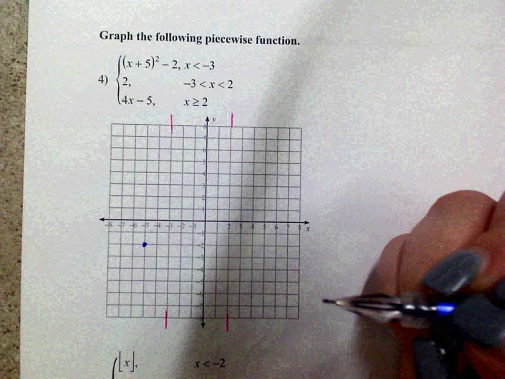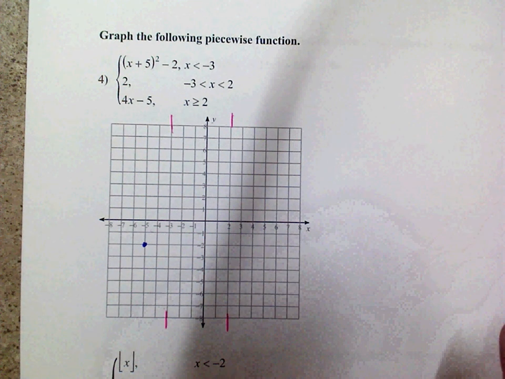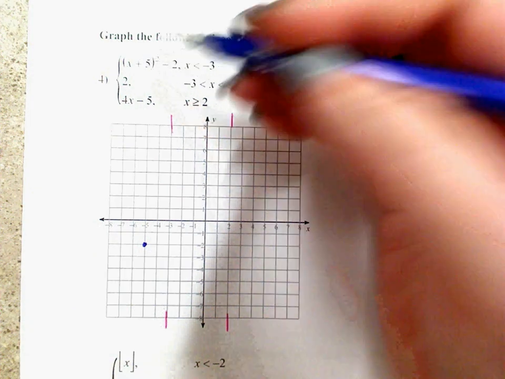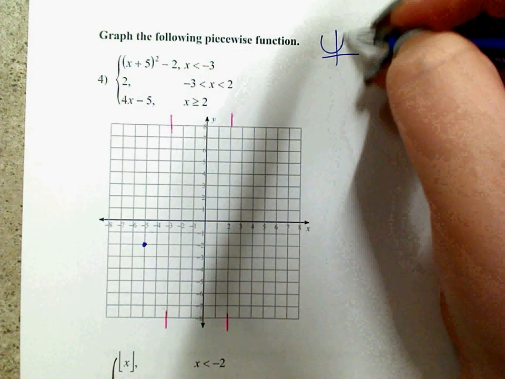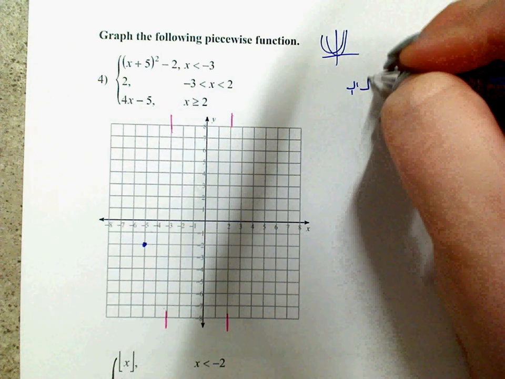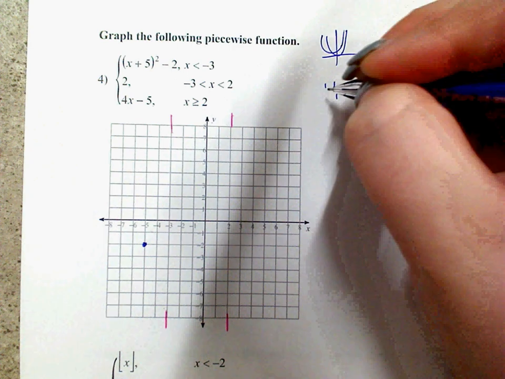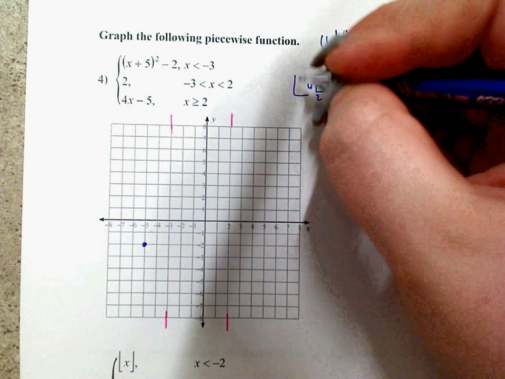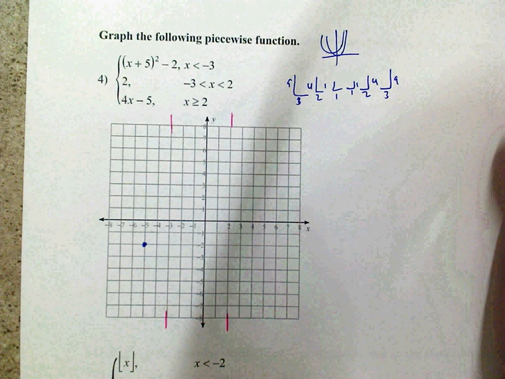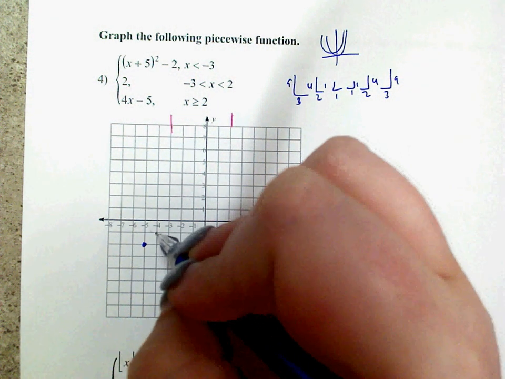Okay? Well, as far as that goes, a parabola just has a normal pattern. So you go over 1, up 1, 1 squared is 1, 2 squared is 4, 3 squared is 9, and then same on both sides. So 2, 4, 3, and 9. So I'm going to go from my vertex over 1 up 1, over 2 up 4.